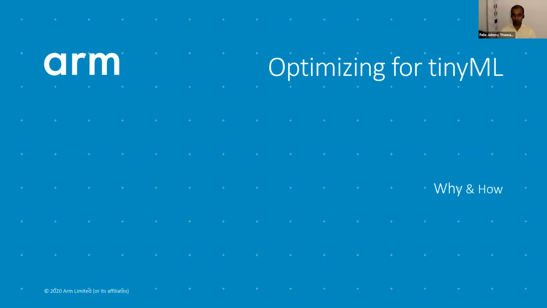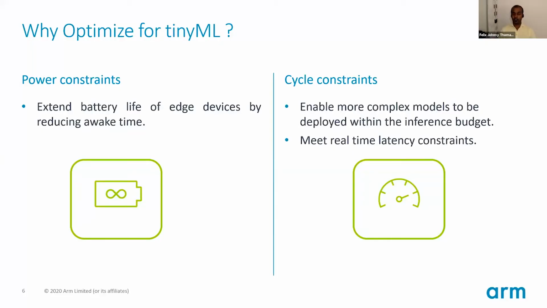So now, why do we optimize for TinyML? Of the multiple reasons, if I have to pick 2 reasons, I would pick power constraints and cycle constraints. With optimization, what you essentially do is reduce the awake time of your edge device and thereby extend your battery life.